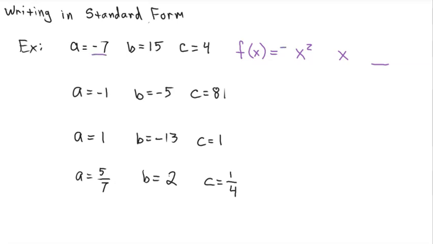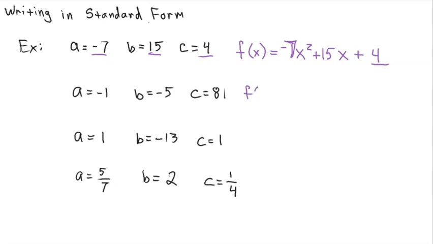So this is going to be negative 7x squared. And then we have a positive 15 for b, so we're going to put plus 15x. And then c is a positive 4, so we're going to put plus 4. And so we have negative 7x squared plus 15x plus 4.